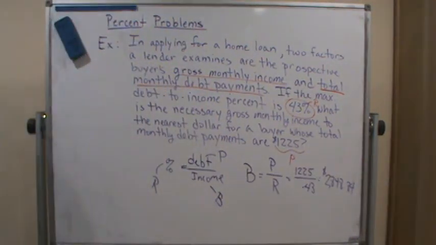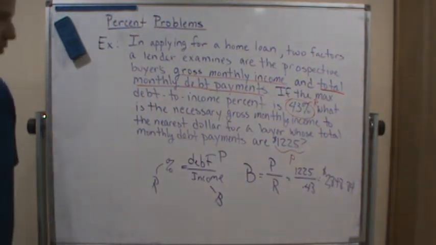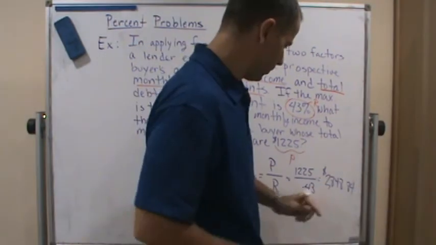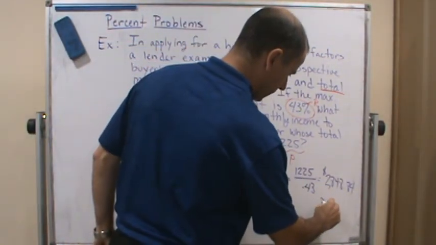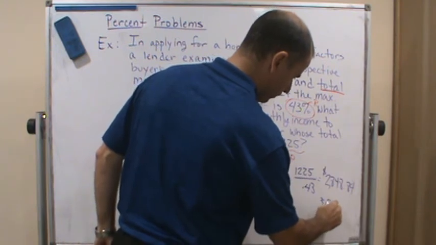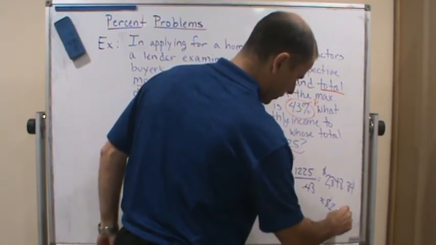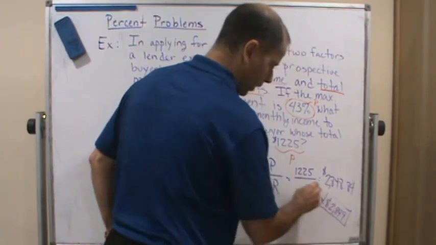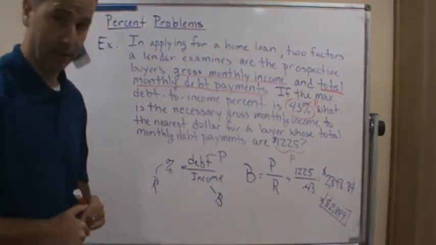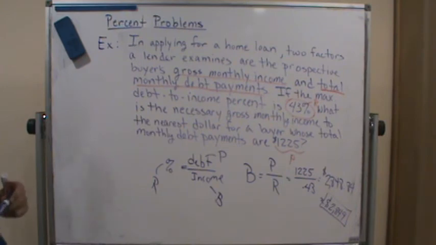Okay, so that's to the nearest penny. But they want it to the nearest dollar. So if we round to the nearest dollar, we would round to 2849. So the answer is approximately $2,849 is what their necessary gross monthly income needs to be.